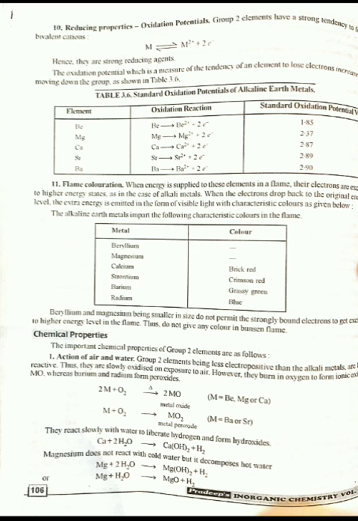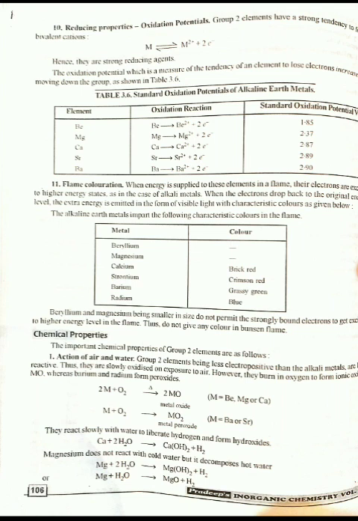11. Flame coloration. When energy is supplied to these elements in a flame, their electrons are excited to higher energy states, as in the case of alkali metals. When the electrons drop back to the original energy level, the extra energy is emitted in the form of visible light with characteristic colors.